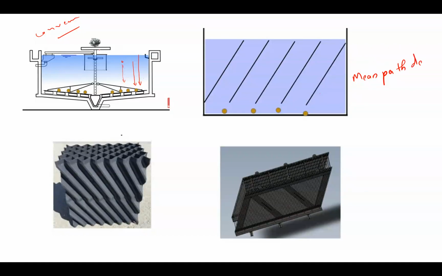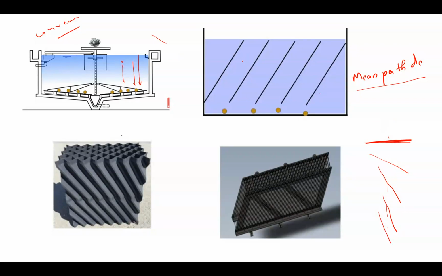So for that, what is normally done: the particles are moving like this, and you can make this particular platform at an angle. They vary the angles, then understand the mean path, how much path the particles have to travel, and what the efficiency will be for all these angles, to achieve a good efficiency for the whole system.